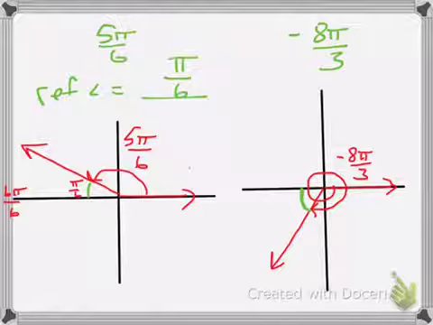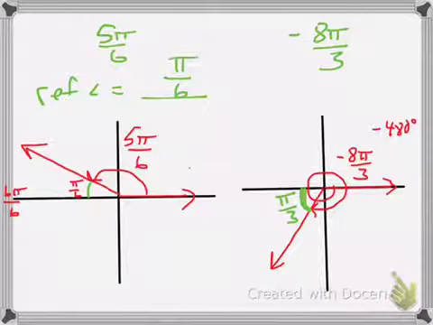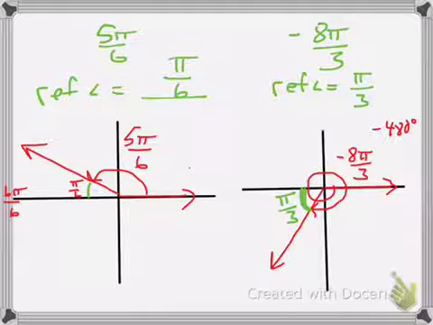So if you think of this in degrees, that was negative 480 degrees, right? Which is 360 plus 120. So what is this going to be equal to in degrees? 60 degrees, right? 60 degrees is what in radians? Pi over 3. So the reference angle for 8 pi over 3 is pi over 3.